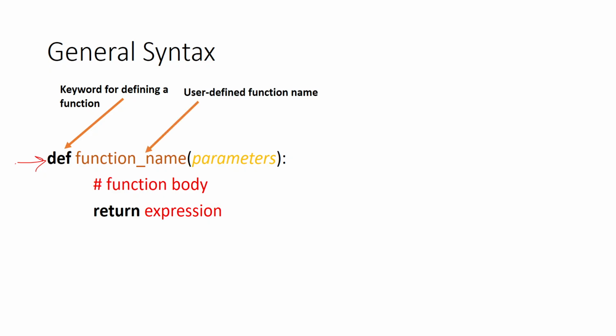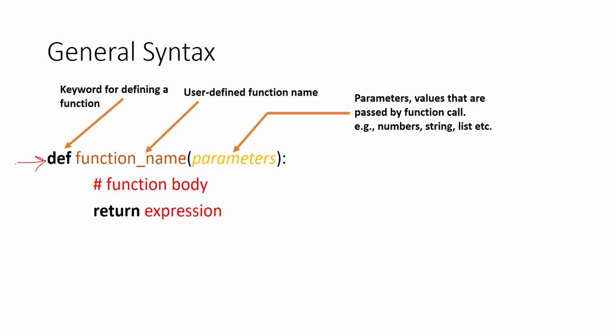Next thing is the function name. The function name is a user defined name like sum or average or palindrome or factorial. You can give any name to this function. Then it is followed by parentheses, and in the parentheses you have the parameters. Parameters are the values that are passed by the function call.